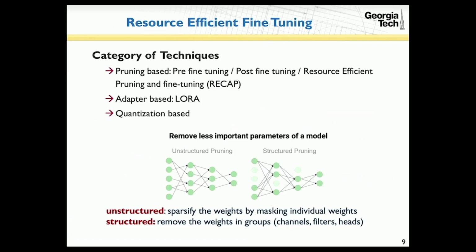For the quantization-based approach, you use fewer bits to represent each model weight, and low-bit matrix multiplication can be applied. The advantage is that you reduce the memory footprint because your weights and activations are cheaper. But you still have to keep the optimizer states and the gradients, and those gradients sometimes rely on hardware capacity.